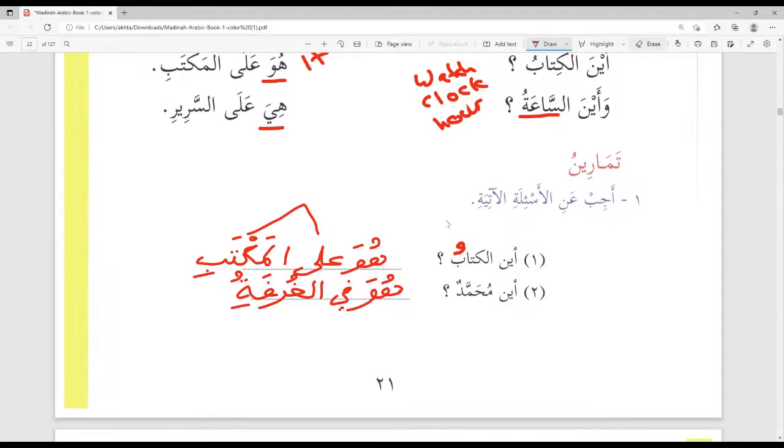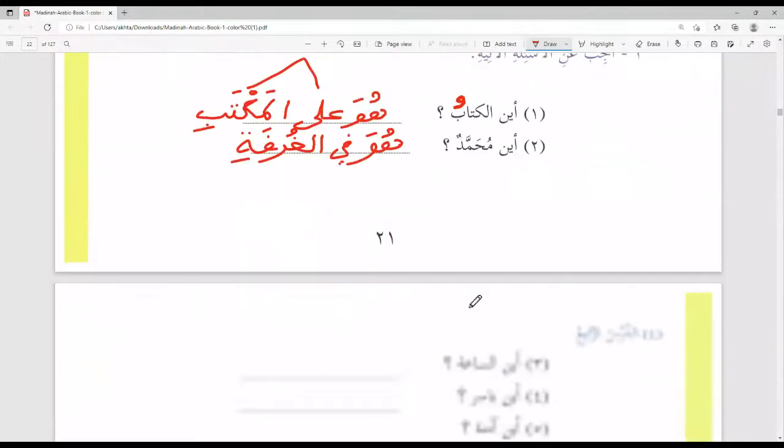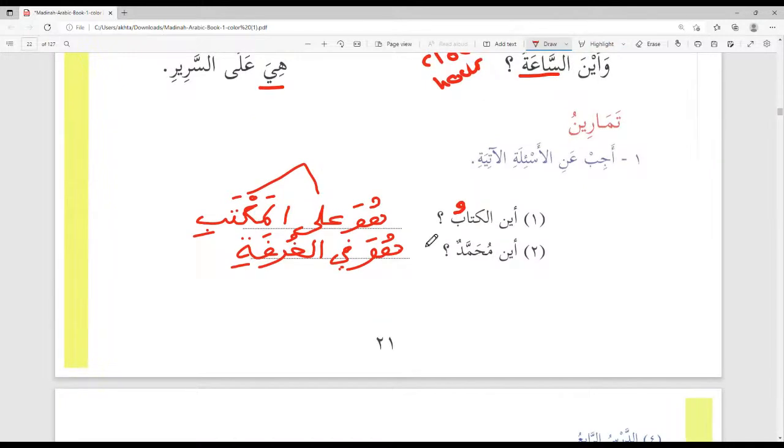Don't worry, making mistakes is good because now everybody's just learned from that. You have it stuck in your head that it ends with a dhamma, which is good. But now you have to train your brain that when ala and fi come before it, هو في الغرفة.